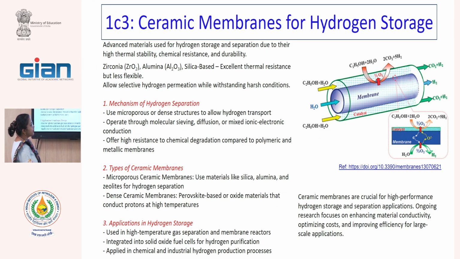In the lumen side, inside the membrane core, we are allowing the hydrogen, and here see this organic molecule we are allowing. On the catalyst side, we get the hydrogen and carbon dioxide separated. So, this is one example of using the ceramic form of membrane, because this reaction requires very high temperature operation.